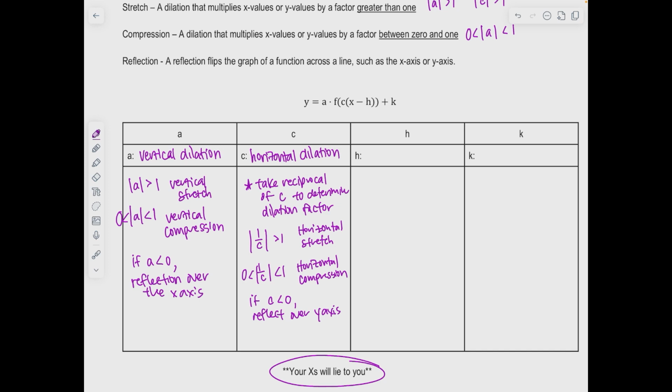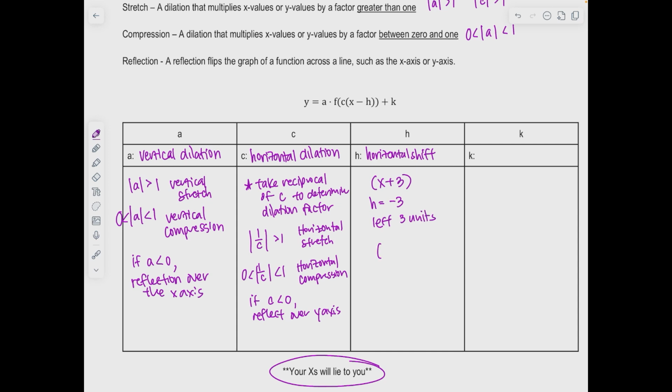Okay, your h value is your horizontal shift. Okay, and so this one we talked about. This is where your x's are going to lie to you. So what that means is this: if you have x plus h, whatever it may be. So if this is x plus 3, that means your h value is negative 3, and that means that you're going to go left 3 units.